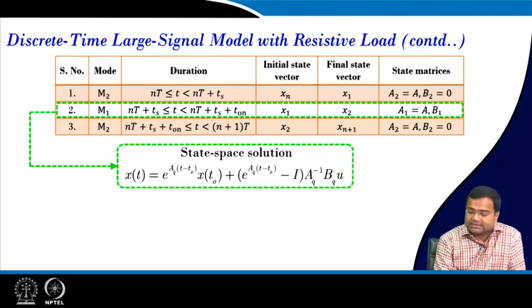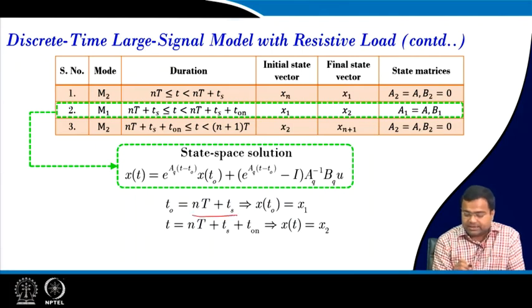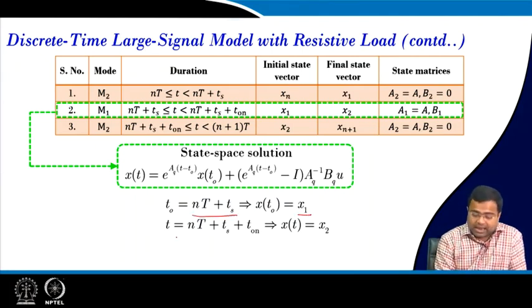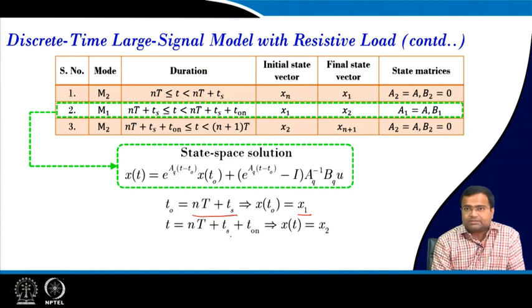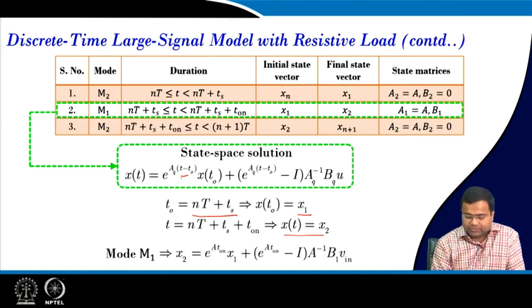Next, for mode 1, again you substitute. What is the initial time? It is nT plus Ts and the state is X1, and the final time is nT plus Ts plus T1 and the state is X2. What is this difference? It will be simply T1. The initial state here will be X1 for this mode and the final state is X2.